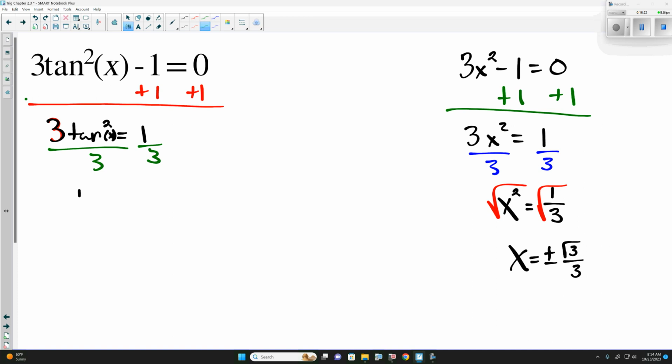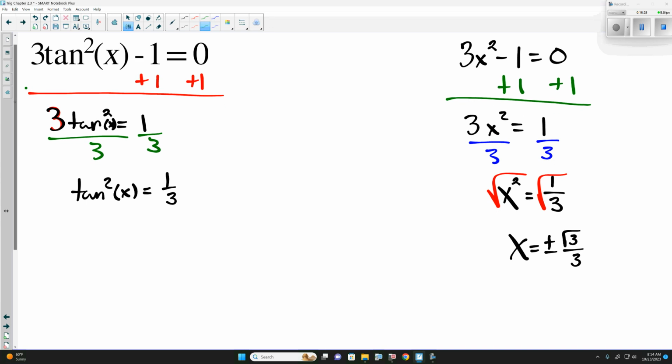And we can divide both sides by 3, telling us tangent squared of x is equal to 1/3. And we can take the square root of both sides, which will tell us that tangent of x, because the square root and square cancel, is equal to plus or minus the square root of 3 over 3. Well, we know it's the square root of 3 over 3 because we simplified it on the other side already.